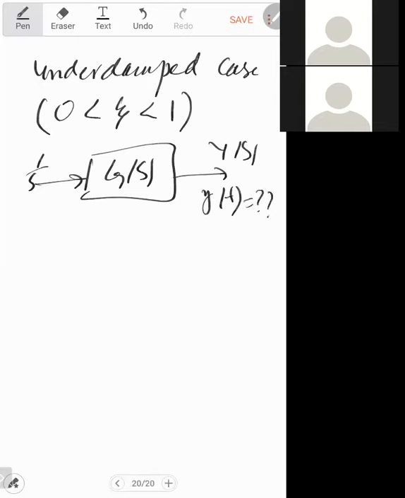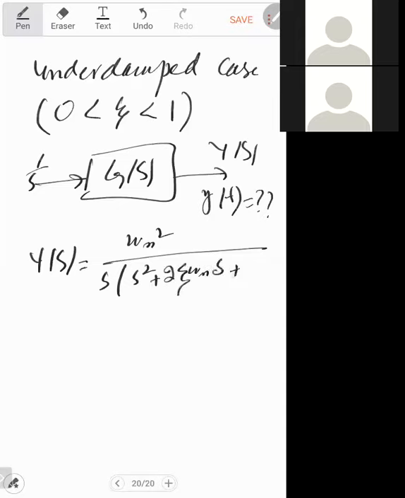So we know that Y of s is equal to omega n squared divided by s multiplied by the transfer function, s squared plus 2 zeta omega n s plus omega n squared. So we have this one.